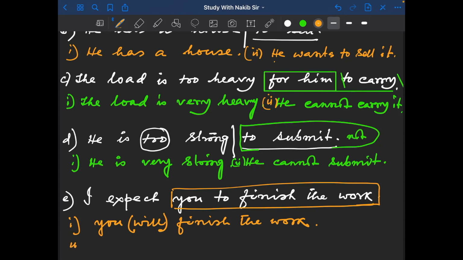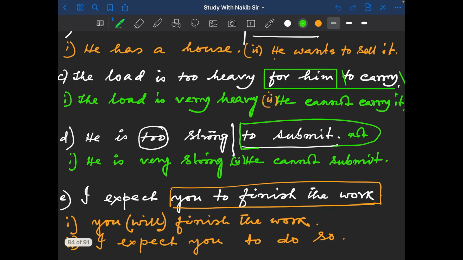And number two, what is that? I expect you, you know, I expect you to do so. You can recognize it. I expect you to do so. Okay, to do so. So you have got two sentences. Number one, you will finish the work.